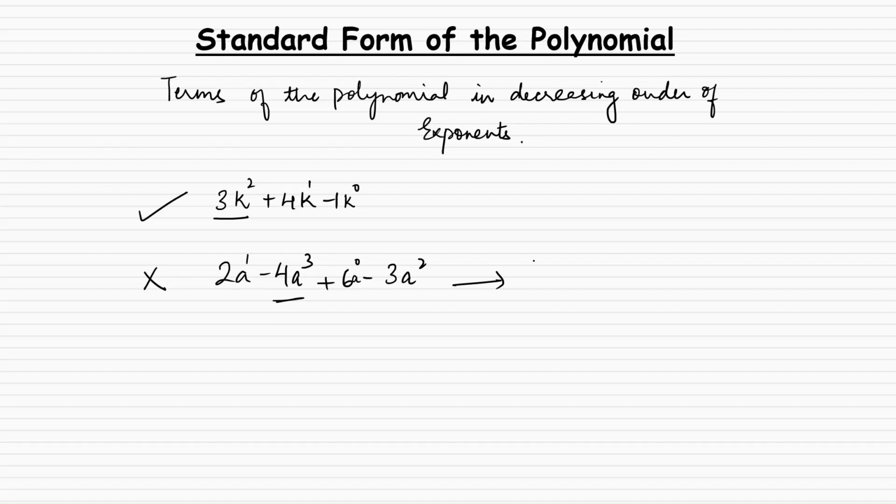So, let's write this first term in the beginning, negative 4a cube, then negative 3a square, and then we will write plus 2a, and then I will write the constant term 6, whose exponent is actually 0. Now see 3, 2, 1, 0. So, in the standard form, the highest exponent term is written first, followed by the smaller exponents term.